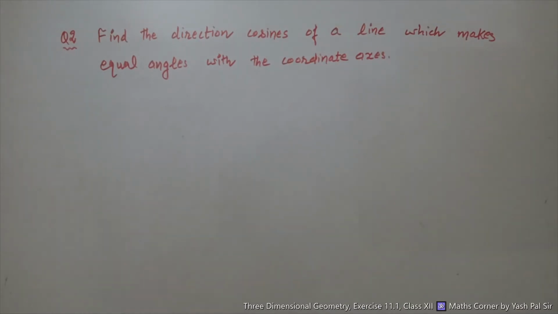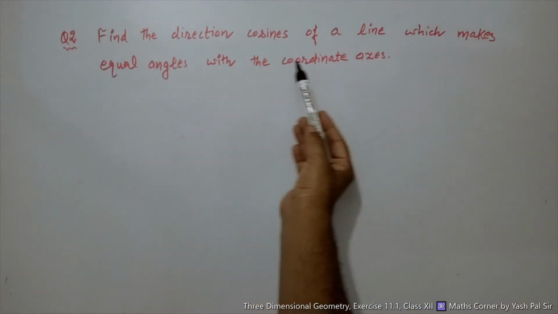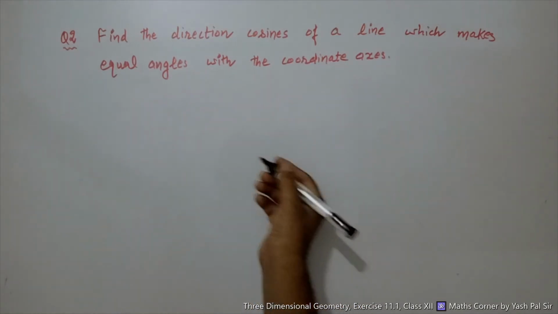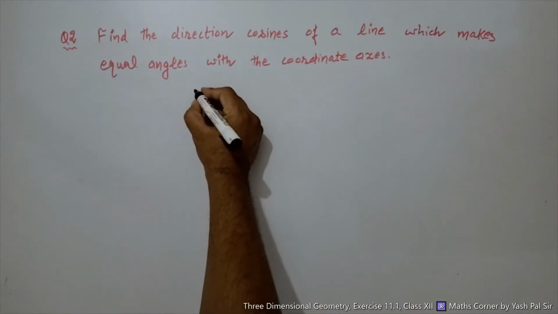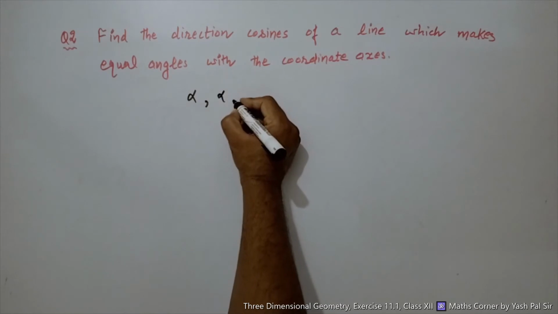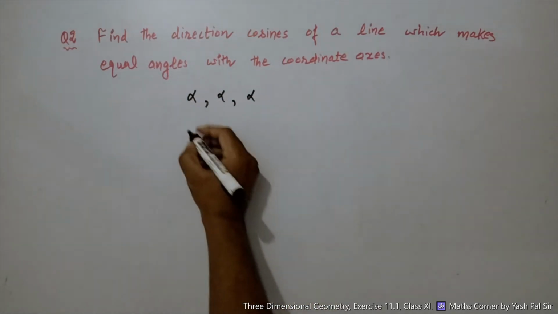Now we have question number 2. Find the direction cosines of a line which makes equal angles with the coordinate axis. So here what we say, let the line make alpha angle with x-axis, alpha angle with y-axis, alpha angle with z-axis.